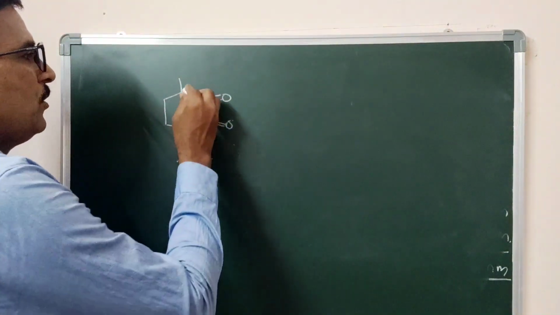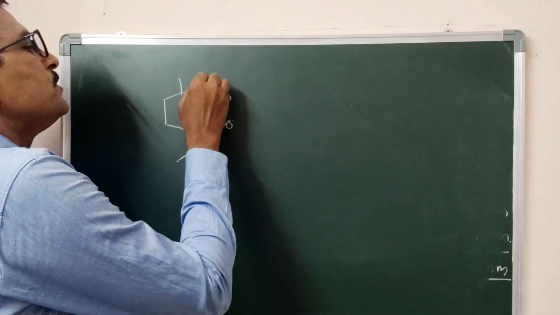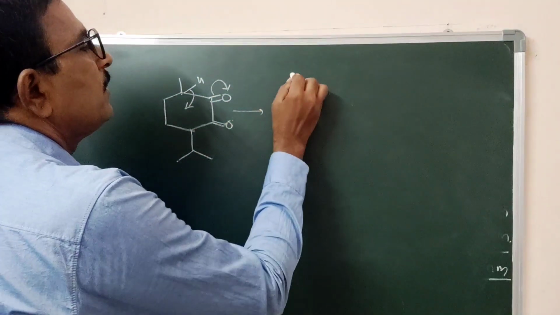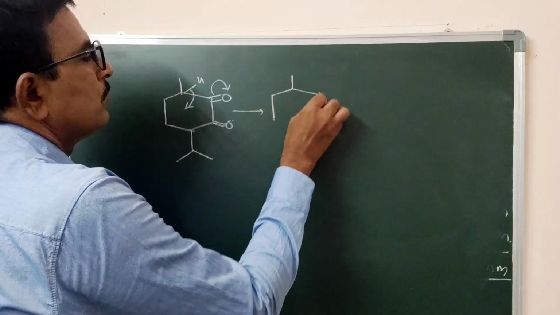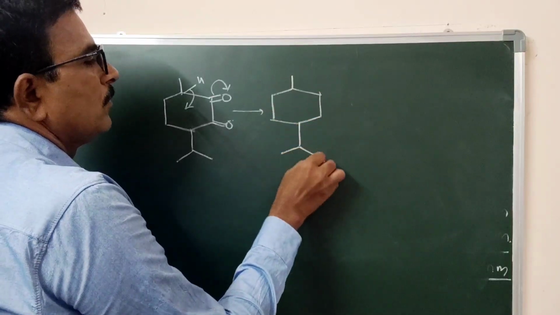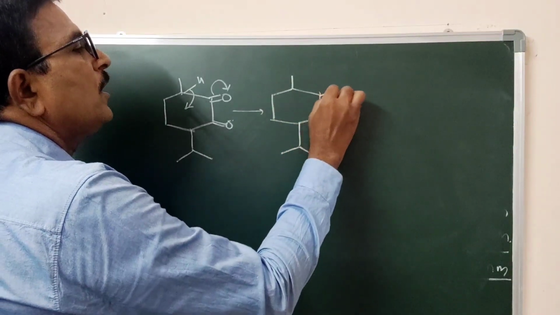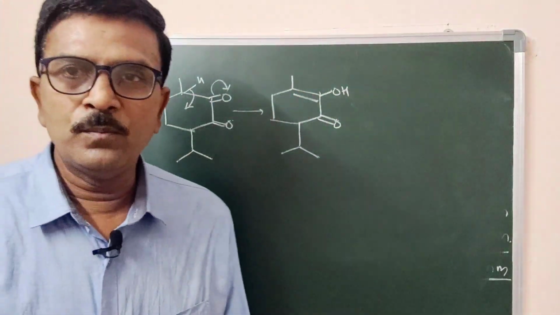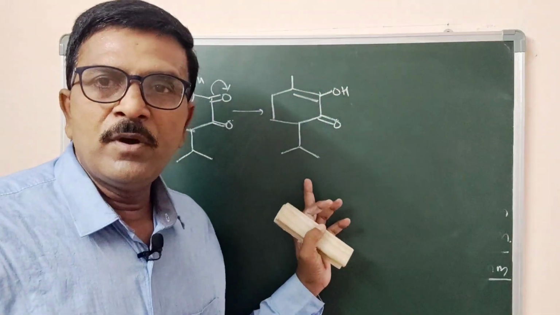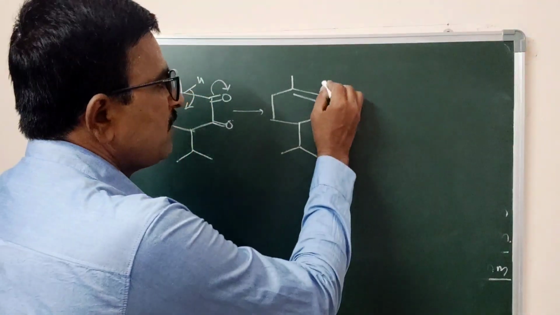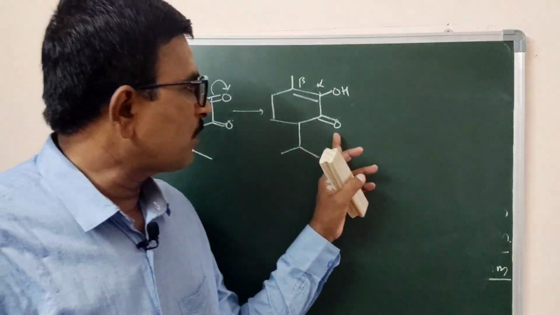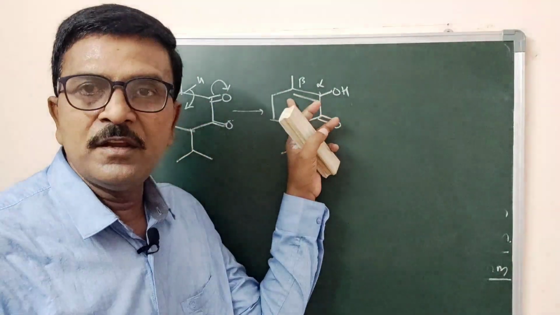You can see shifting of hydrogen resulted in an enone. This is double bond O, here it is OH, this is double bond, an enone. Again it is a 6-membered ketone. Say this is alpha carbon, this is beta carbon. With respect to carbonyl, this is alpha, this is beta.